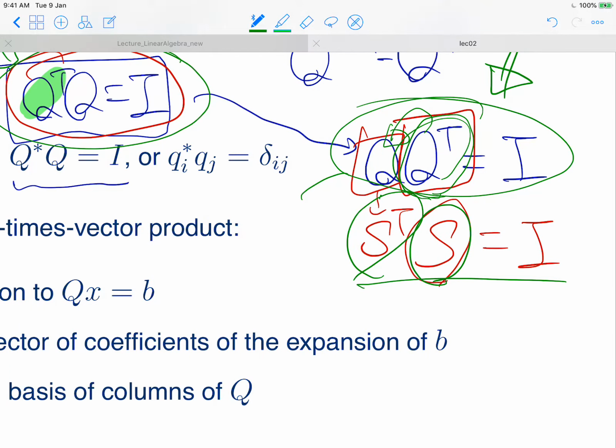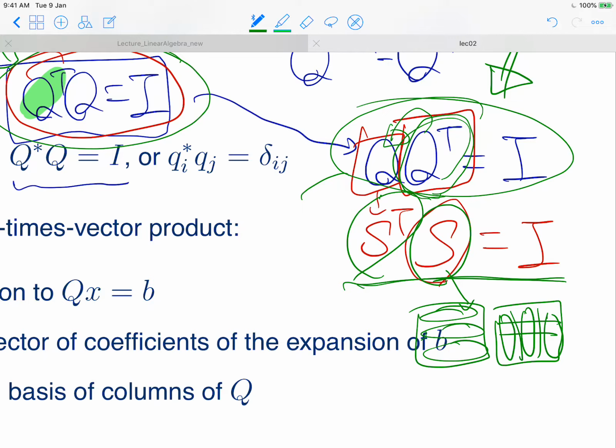Suppose S has 3 different columns, then multiplication with S transpose on the left should produce the identity matrix, and thus it also means that this S is also an orthogonal matrix, which means every column has the length of 1, and they are orthogonal to each other, right? So from this property, we can conclude that S has also orthonormal columns, right?